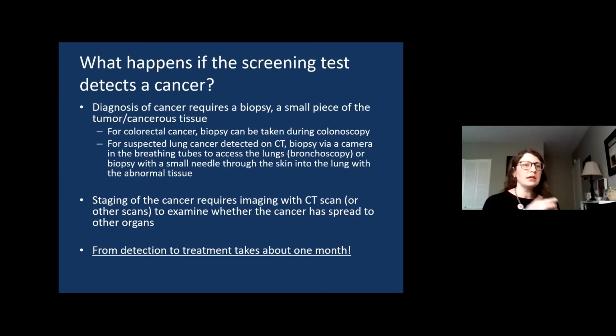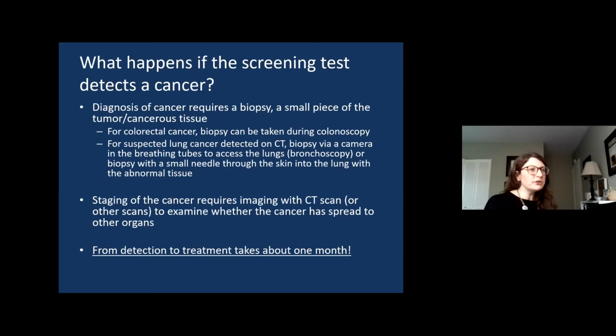If you got a lung cancer scan, a CT scan, you would likely need to undergo a procedure called a bronchoscopy, where they look down into the breathing tubes, into the lung, and take a small piece of tissue, or sometimes they can go through the skin into the lung to get a small piece of tissue. And what they do is look at it under the microscope to look for cancer cells, and then do special staining to identify the genetics and the markers within that type of cancer to give a final diagnosis.